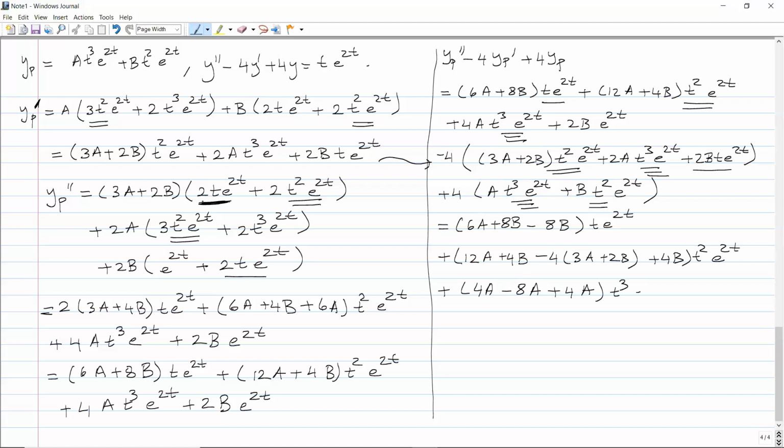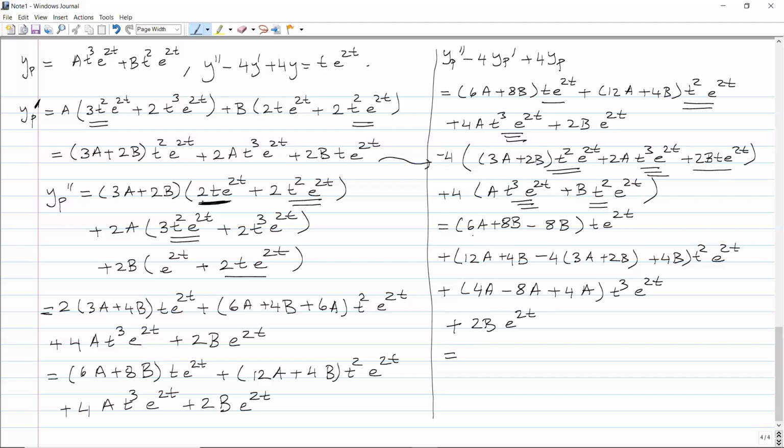T cubed e to the 2t. And the remaining ones are for e to the 2t. From the first one, I have 2b. In the second one, there is no e to the 2t, and in the last one, either. So we have only one term left, plus 2b e to the 2t.